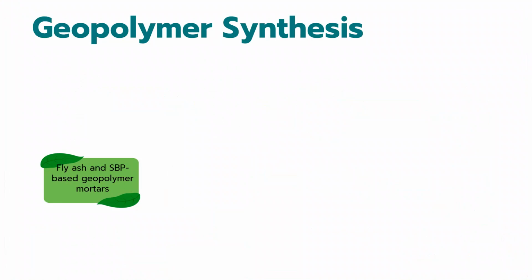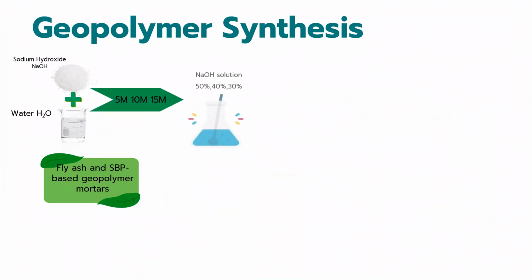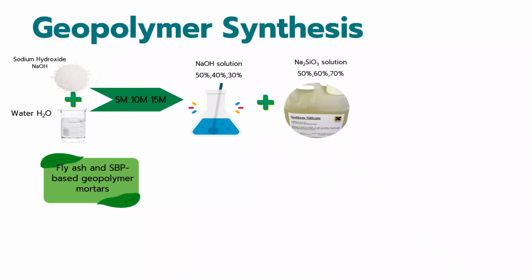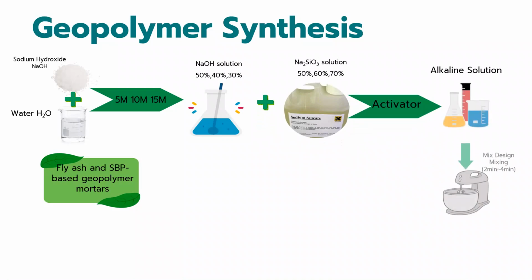The next one is for the fly ash and sugarcane bagasse powder based geopolymer mortar. That process is similar to the fly ash based geopolymer mortar. Firstly, I got the 5 molarity, 10 molarity, and 15 molarity sodium hydroxide solutions. When I combine the sodium hydroxide solution and sodium silicate solution, I get the alkaline solution activator.